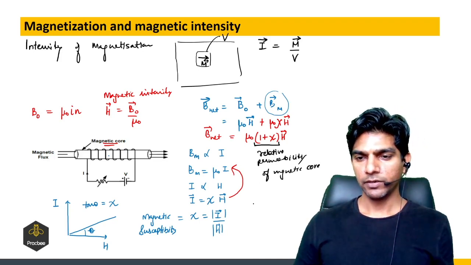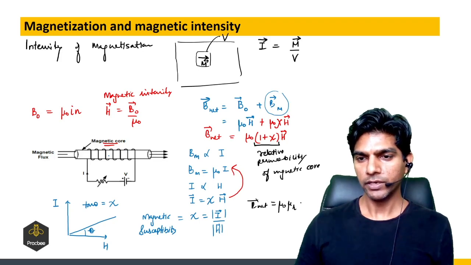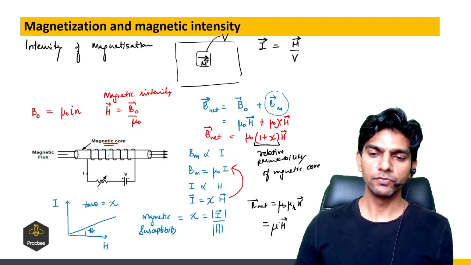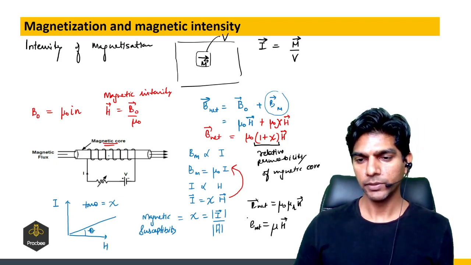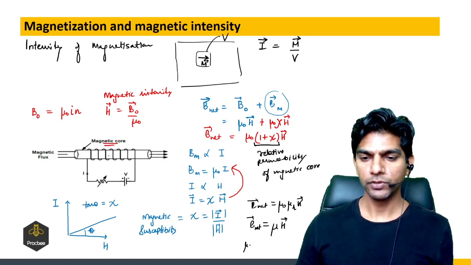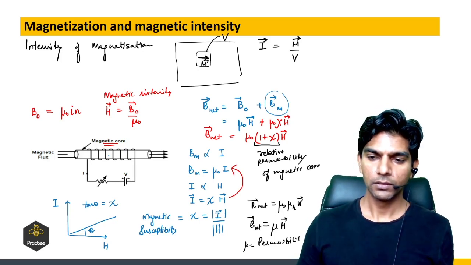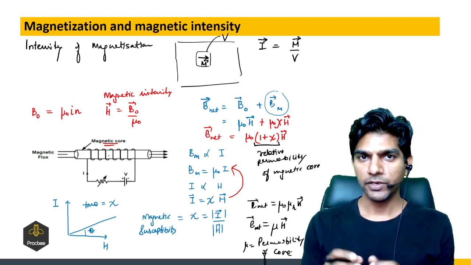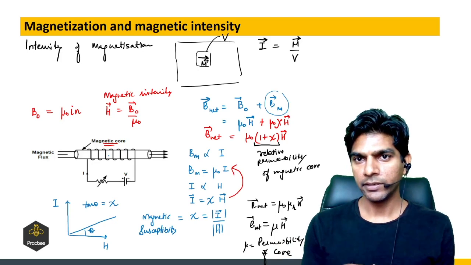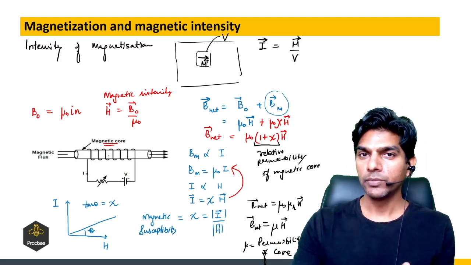So we can also write B net as mu naught times mu r times H. And we can also write this as mu times H, where mu is the permeability of the core. So I hope this concept of intensity of magnetization, magnetic intensity and magnetic susceptibility is clear to you. And do remember the formulas.